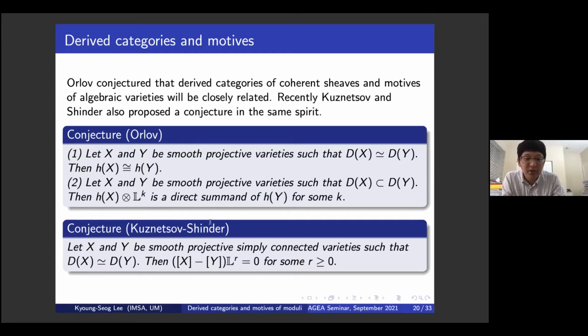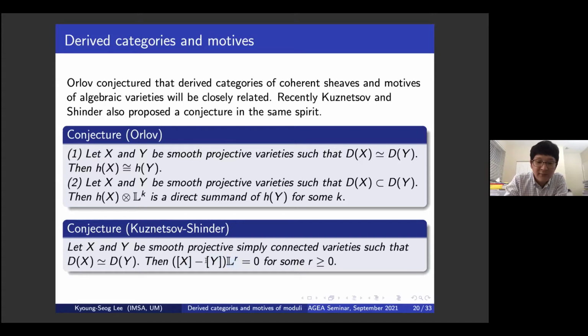Also, Kuznetsov and Shinder gave a conjecture in the same spirit. When X and Y are two smooth projective simply connected varieties having equivalent derived categories, then they conjecture that the difference between X and Y in the Grothendieck ring of varieties, multiplied by L, should be 0. Here L is the class of the affine line.